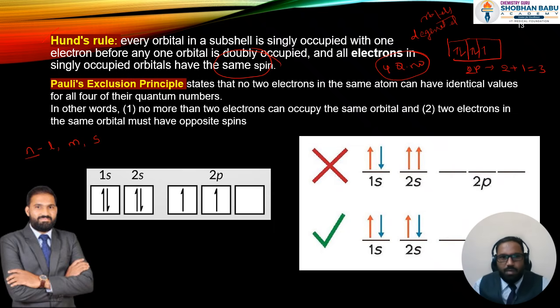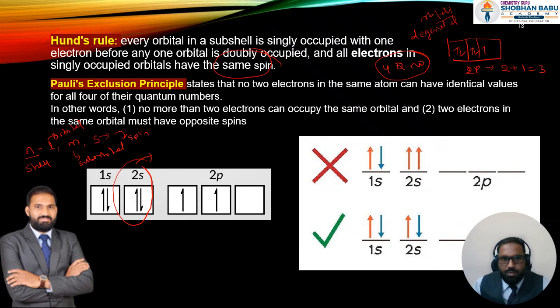n tells in which shell the electron is present. L tells in which orbital the electron is present. m tells in which suborbital the electron is present. But s tells in which direction it is revolving, that is, the spin of the electron. For example, take this 2s.